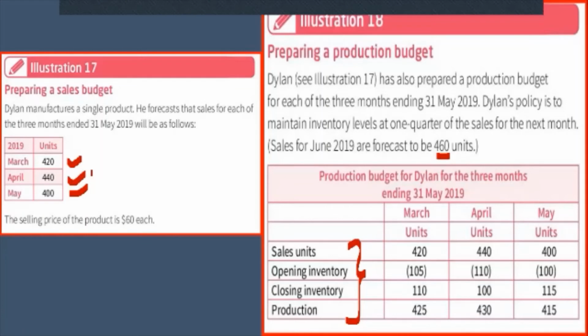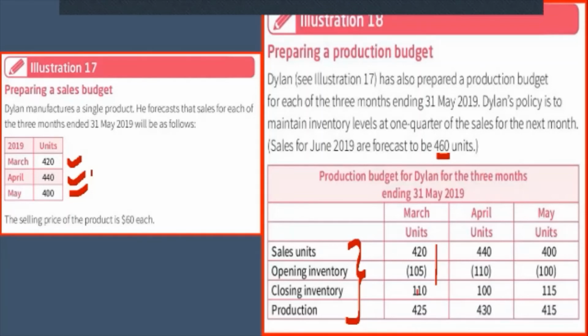So the opening inventory is going to be for a quarter of the sales for the next month. So after we put in these here, we'll take a quarter of 440 to be the closing inventory here. And we're going to minus the opening. When we work in this, we have to work one column at a time. So we take away that from there.